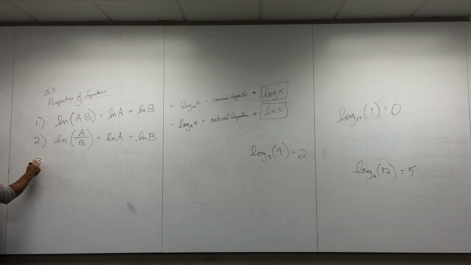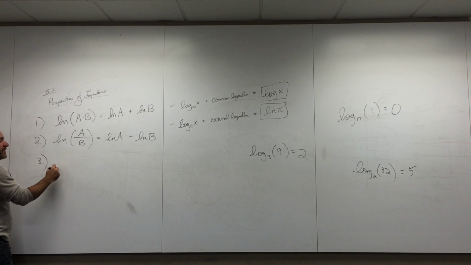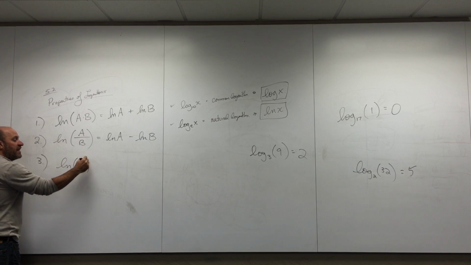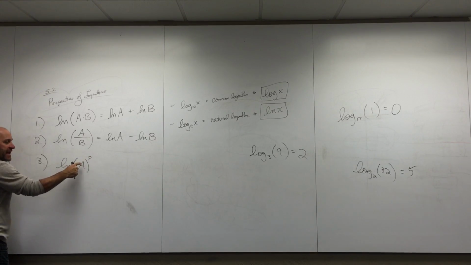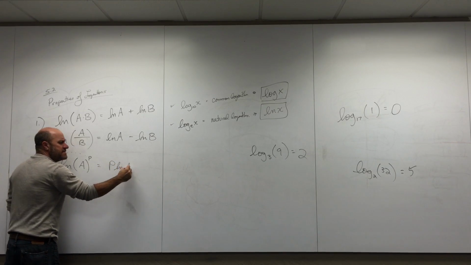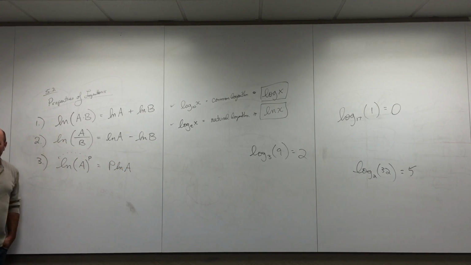Here's another one. This is the last one. The third one is, if you have the natural log of, or any log of, a number that has a power on it, I'm going to put a p for a power up there. So this is a to the p power. Then you're allowed to take that power and bring it down front and multiply it. It's a special property of logarithms.